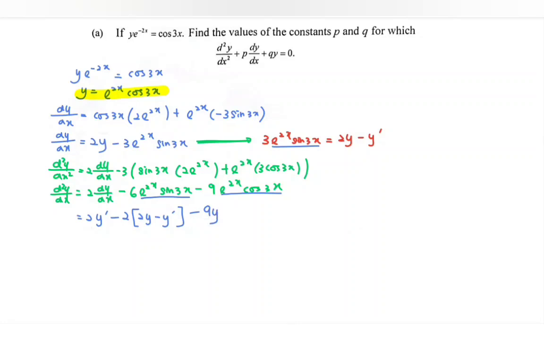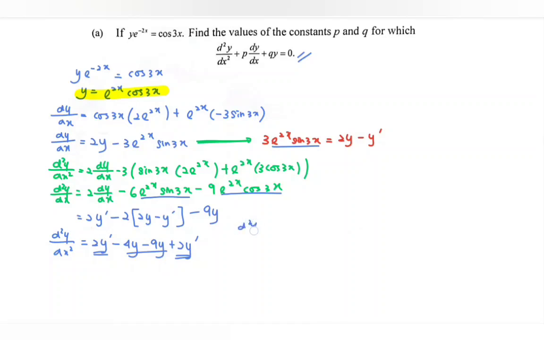So try to rearrange the situation based on this part. So we already have the second derivative. Then continue. We have 2y prime minus, we have 4y minus 9y plus 2y prime. So based on this part, we already have 4y prime. And then based on this part, we have negative 13.